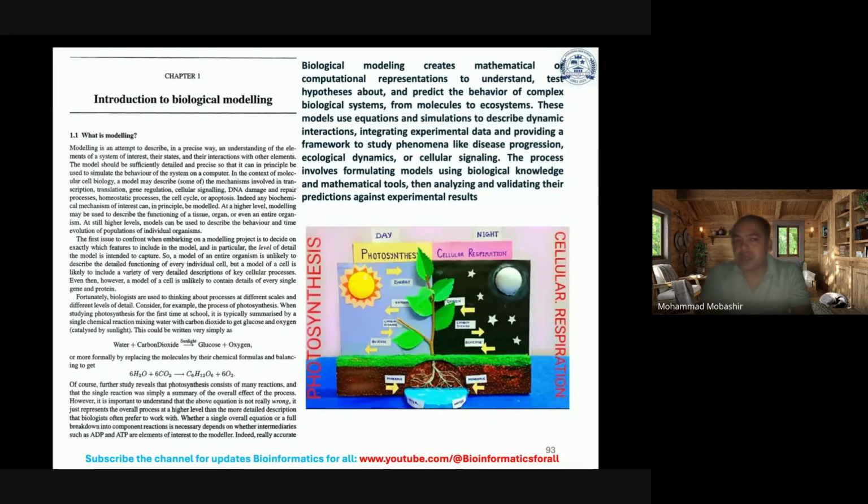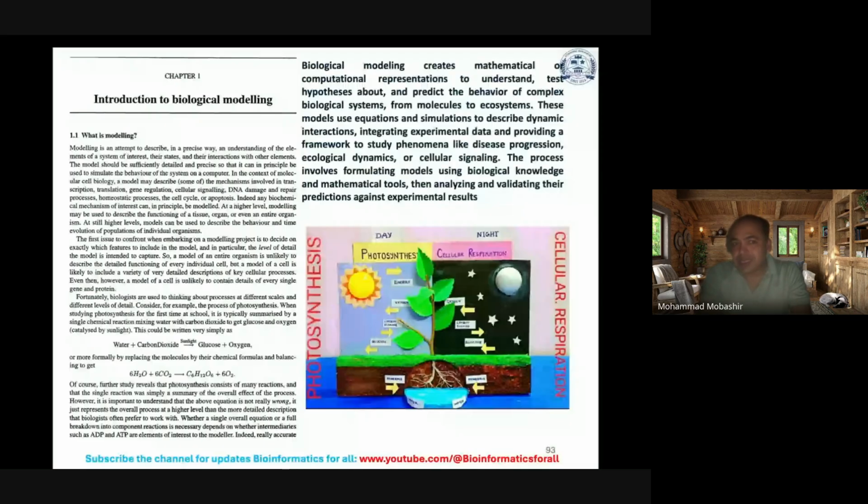So you also understand that the entire biological process takes place in the form of chemical reactions. The same thing here has been represented with molecular formulas: H2O plus CO2 as reactants, then the products formed are C6H12O6, that is glucose, and O2, that is oxygen.